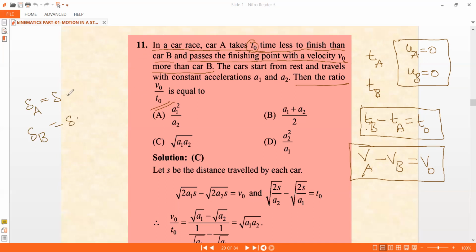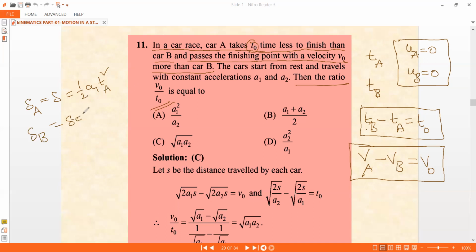The displacement of car A, S, is half A1 T square. Why can I write this equation? Because they are starting from rest, so in ut plus half a t square the u part is 0.